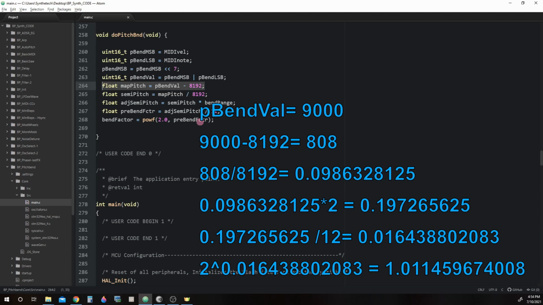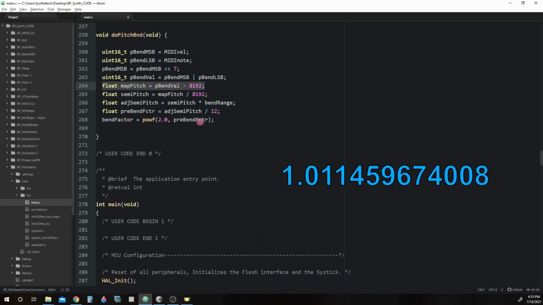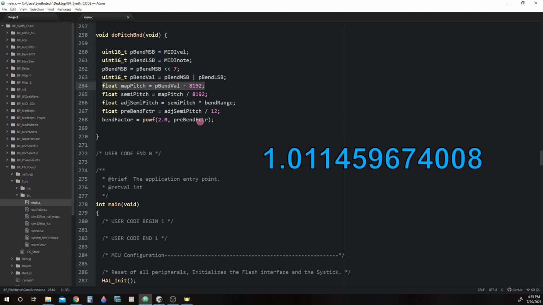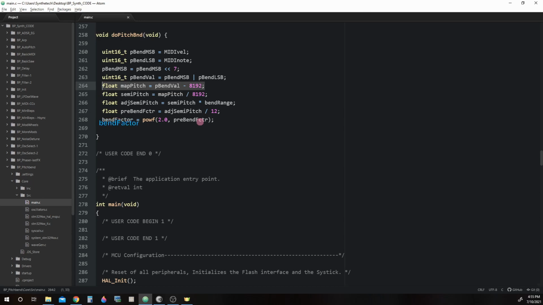Then 2 to the power of 0.01643880283 equals 1.01145967408. This is going to be our value we use to multiply against our base frequency. So now we multiply our frequency by our bend factor value.